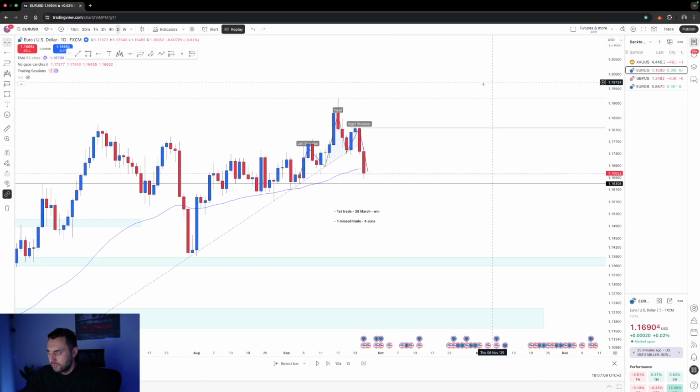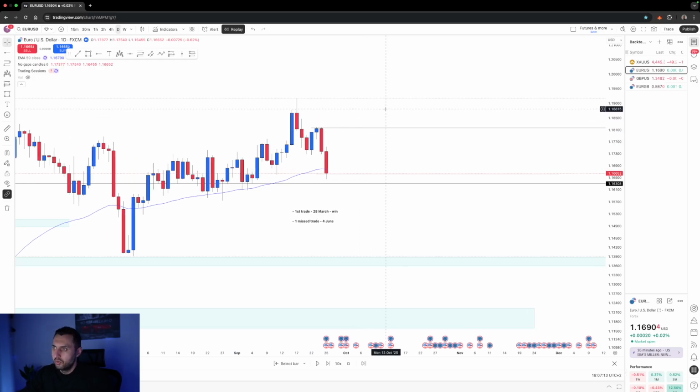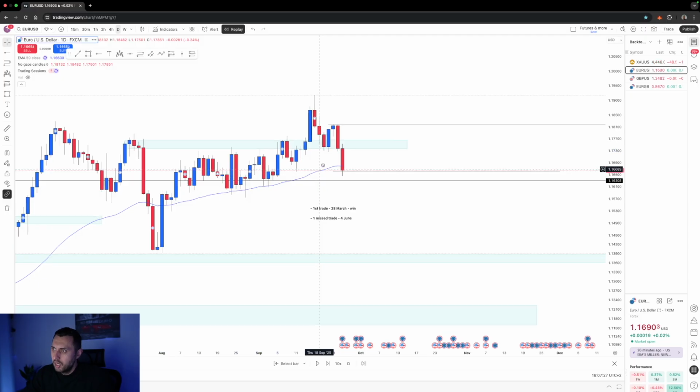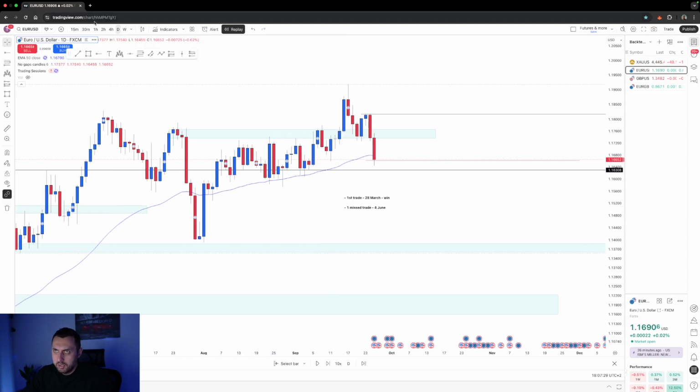So let's see what I would wait for a counter trend trade. So let me remove this. So on daily, we can see that here we have another resistance, area of interest. Yeah, and here let's see, we have another one.